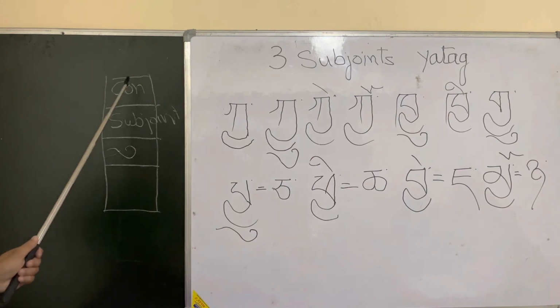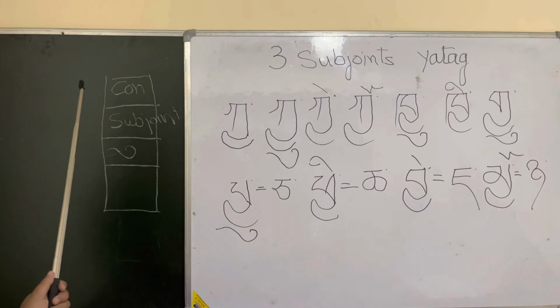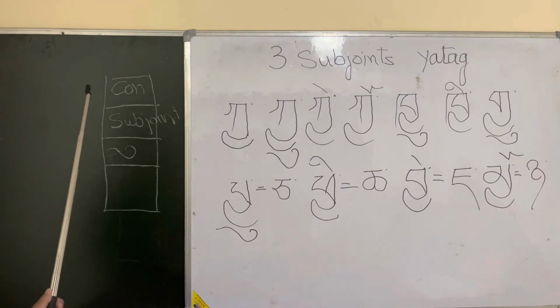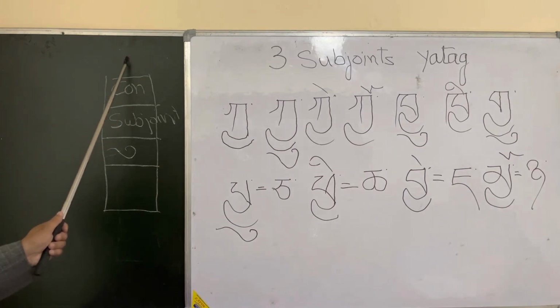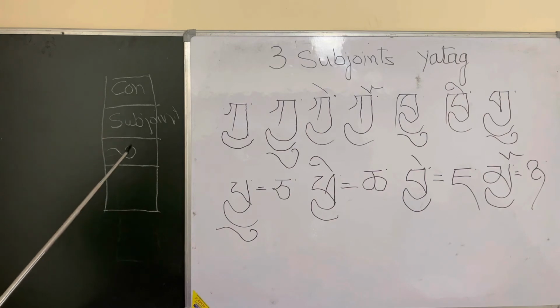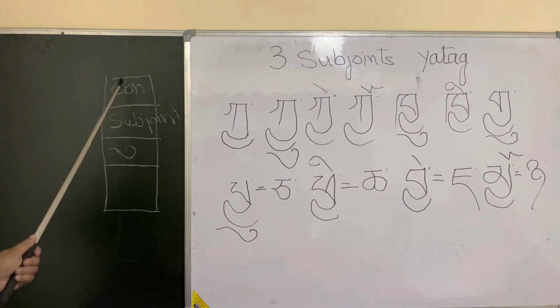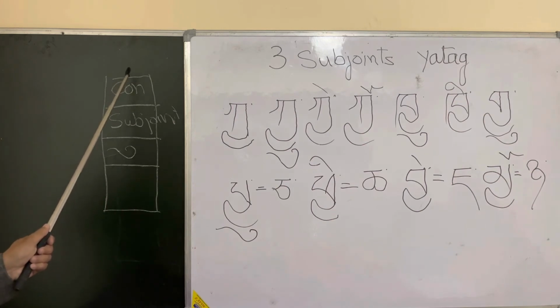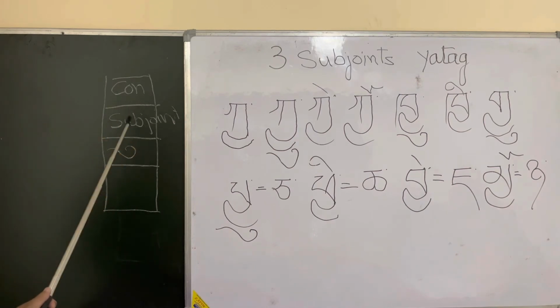So vertically there will be 4 letters and 1 vowel. The vowel can be on top of the consonant or it can be below the subjoint. We are vertically doing the third one now.